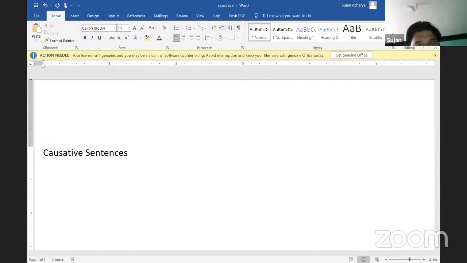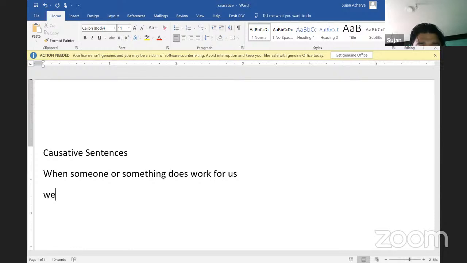Causative sentences. We don't need to know its uses even. When someone or something does work for us, then we use certain verbs.